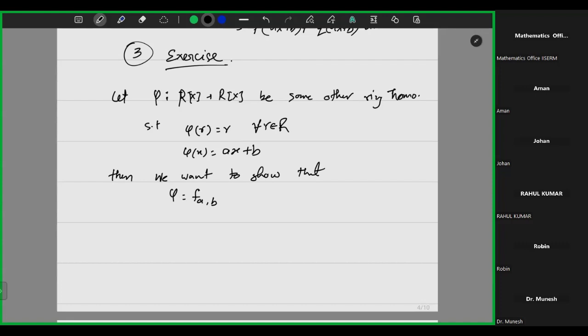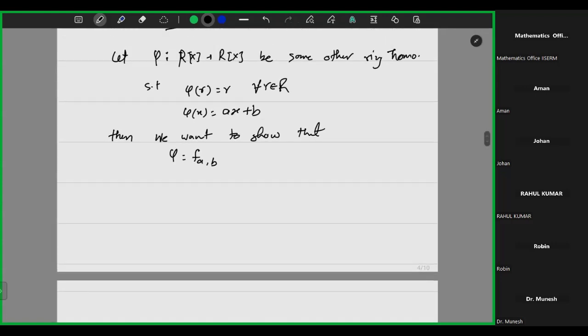So how to show these two maps are equal? f_ab is a map from Rx to Rx, and phi is also a map from Rx to Rx. To check two maps are equal, we can check element-wise that they are equal.